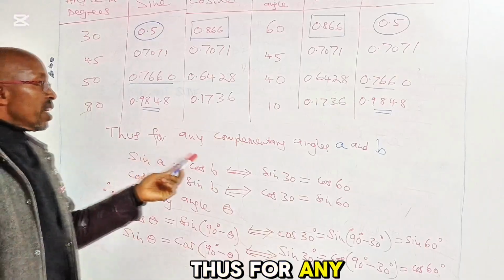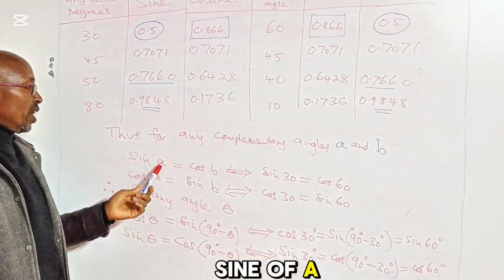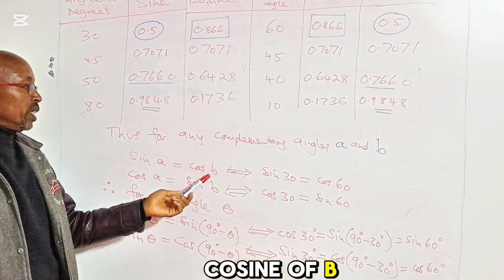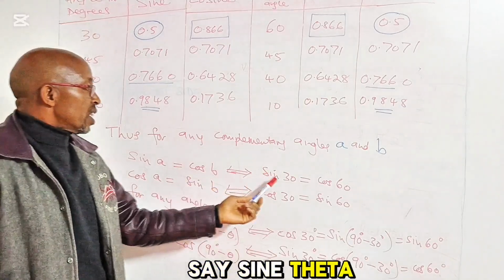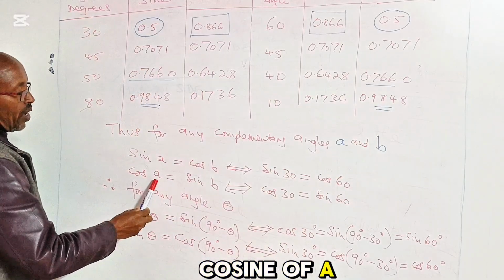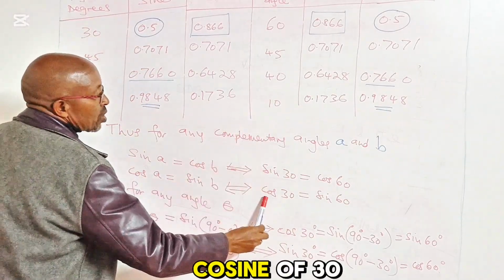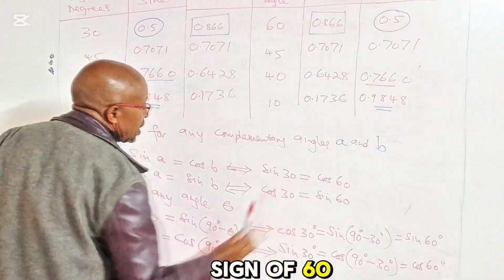Thus, for any complementary angles, A and B, sine of A is equal to cosine of B. Cosine of A is equal to sine B. As you have seen earlier from the table, cosine of 30 is equal to sine of 60.